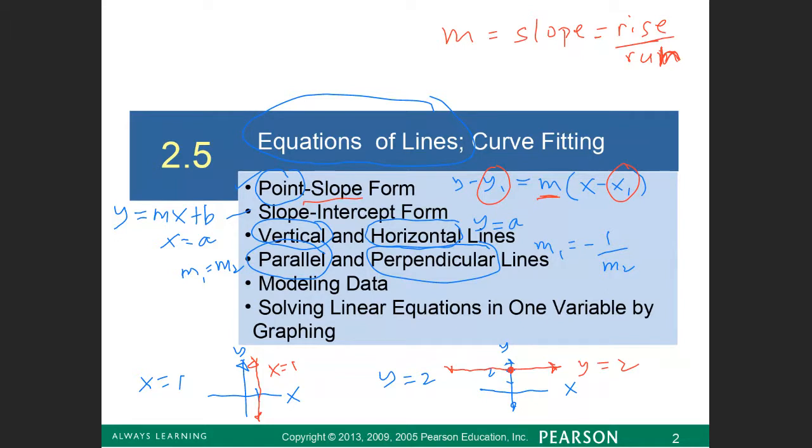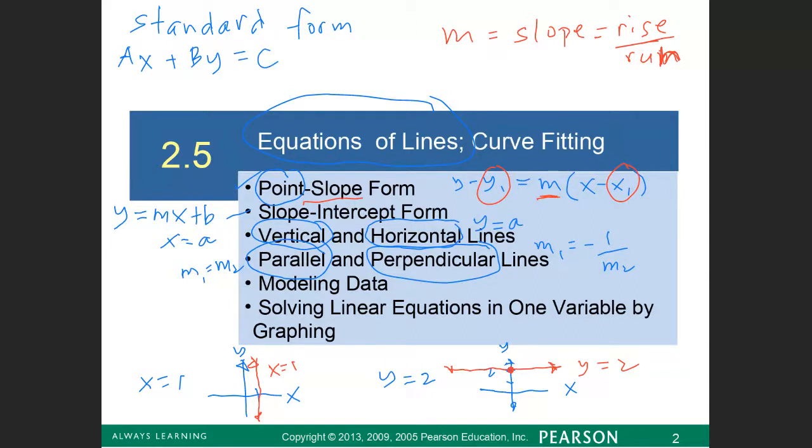So we will make a summary for all those formulas. And I believe there will be one more form that our equation of a line can be, and that would be the standard form. The standard form has the formula ax plus by equals c.